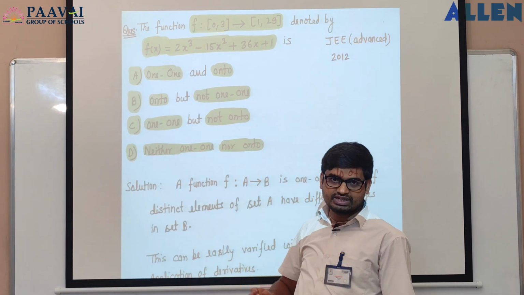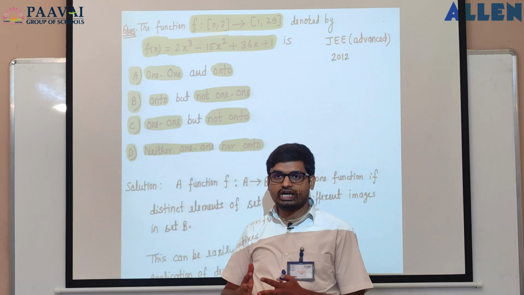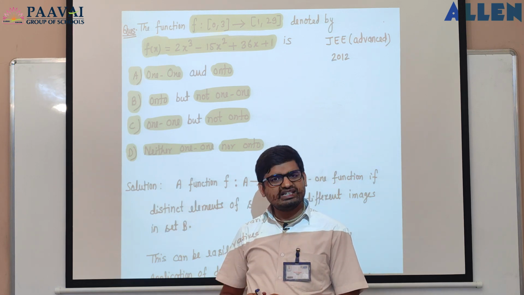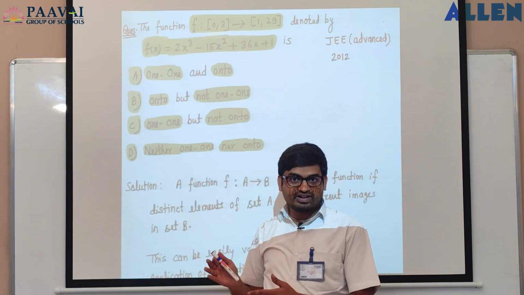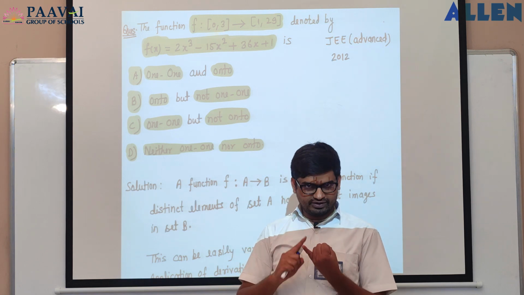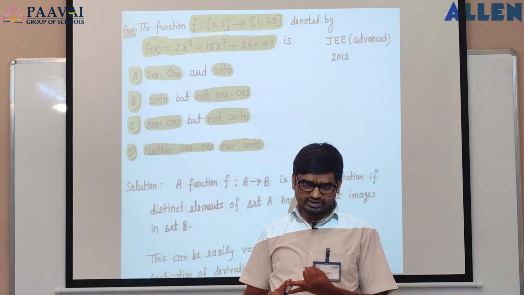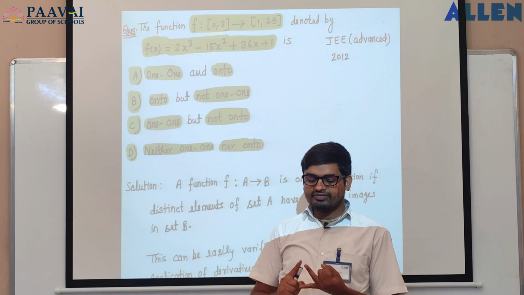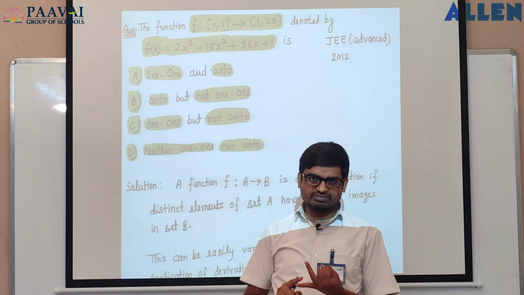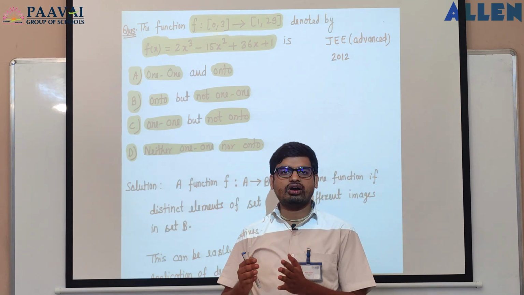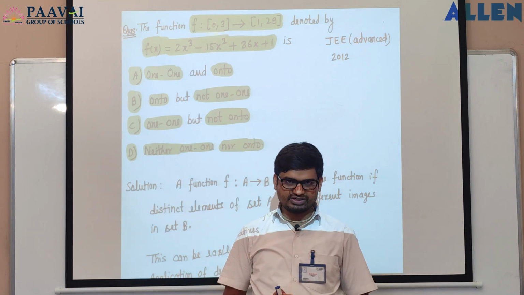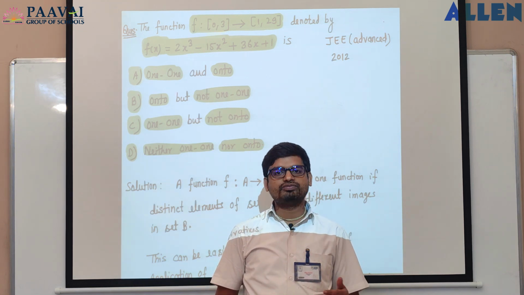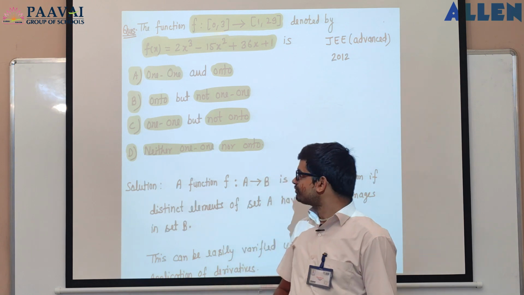For this function we have to check injectivity and surjectivity, meaning whether this function is one-one or many-one, and whether it is an onto function or into function. So let us move to the one-one part first.